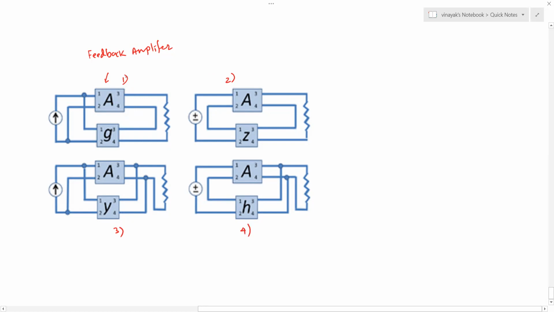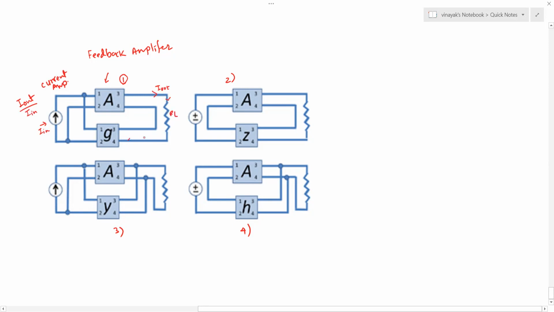We've seen that the first configuration was the current amplifier. It gives you a gain of output current divided by input current. So this is your input current I in. You have an output current I out that flows through this load.